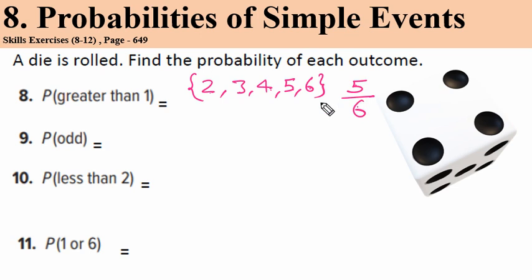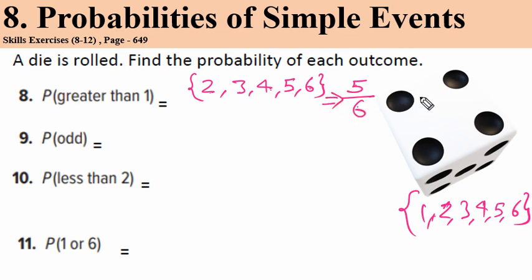So 5 over total, how many faces? Total how many numbers? 6 numbers: 1, 2, 3, 4, 5, 6. That is the total sample space. So 5 over 6 is the probability.